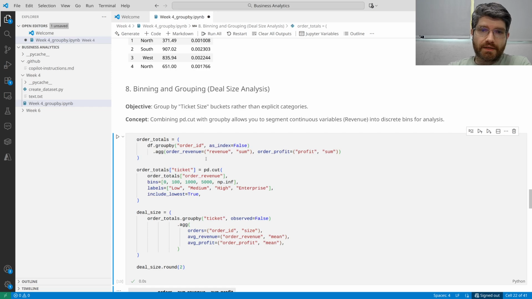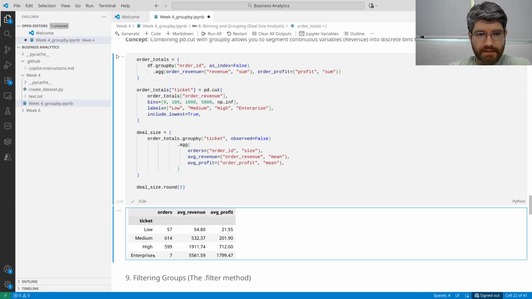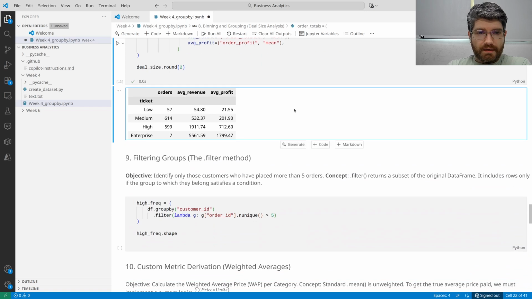We then analyze the quality of those segments, profit and margin. We can see that for enterprise-level orders, there are 7 of them, with average revenue and average profit like that.